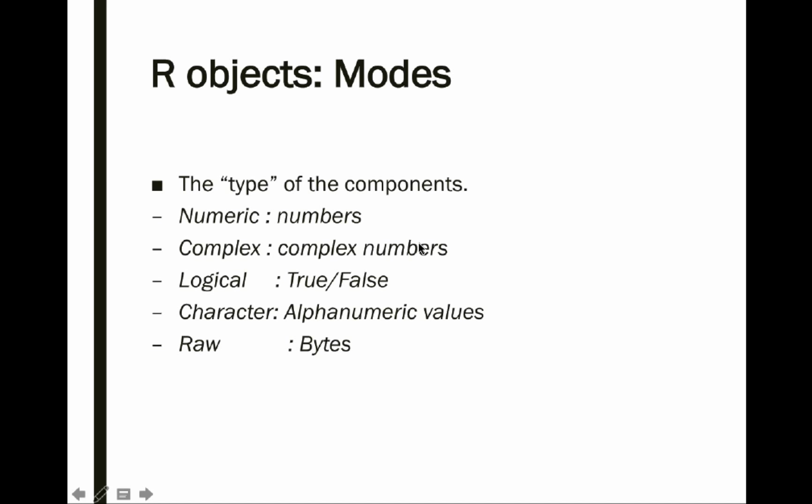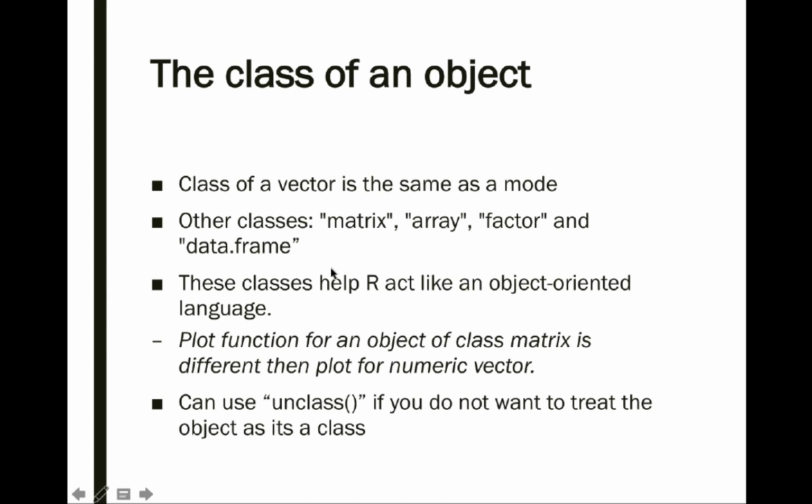We can have different types of objects. We can have numerical objects, complex numbers, logical vectors or logical data sets, characters, or even bytes. You can actually save images and things like that. The class is more of how the data is being stored.